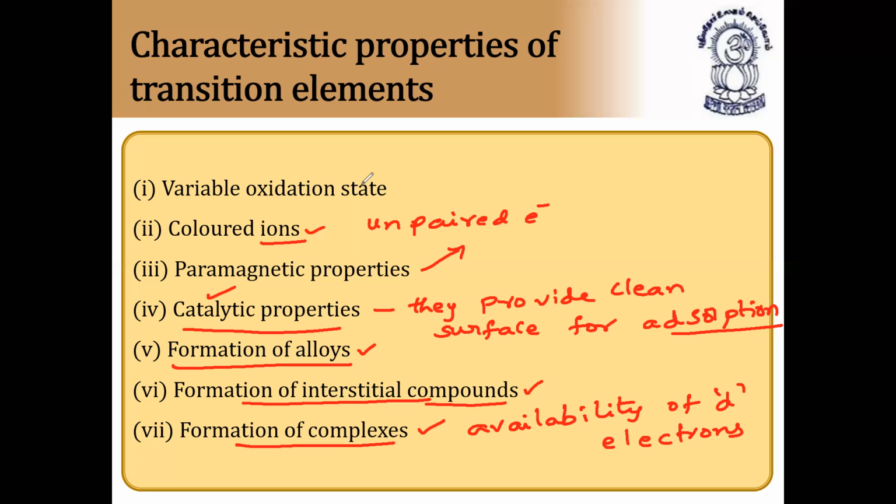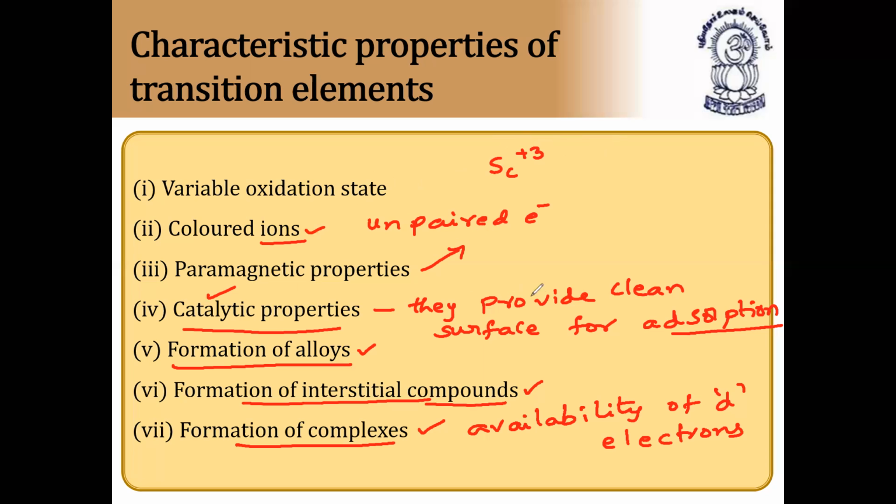They have variable oxidation states. You can see, scandium has the +3 state, +2 state, and +1 state. Manganese can have up to 7 oxidation states. As they contain unpaired electrons, they are colored. As they have unpaired electrons, they are paramagnetic.